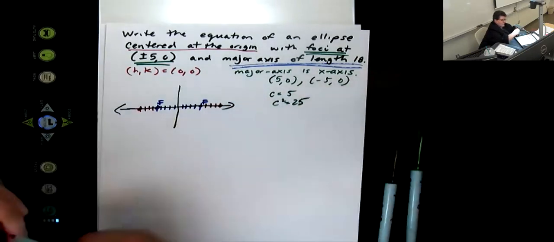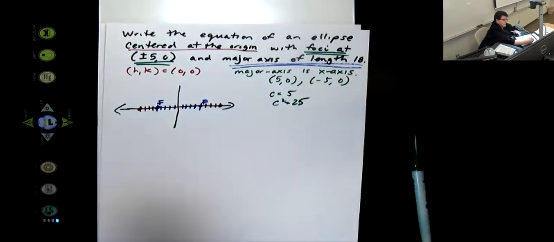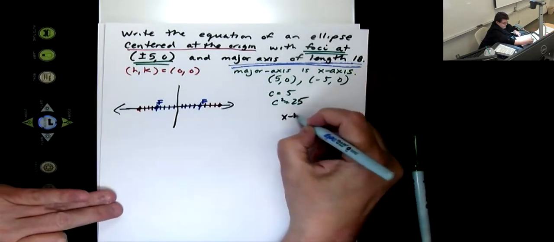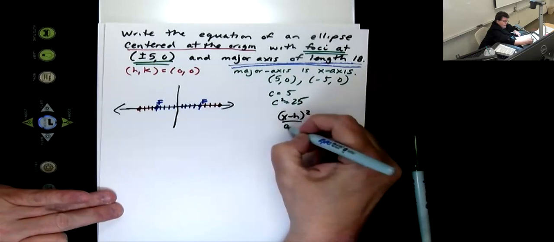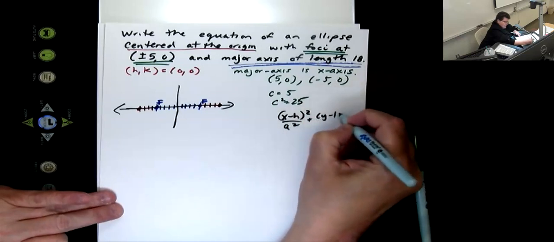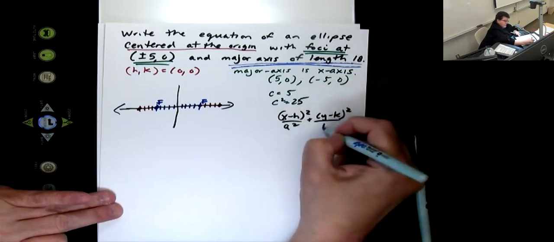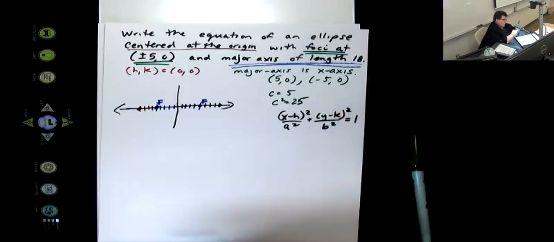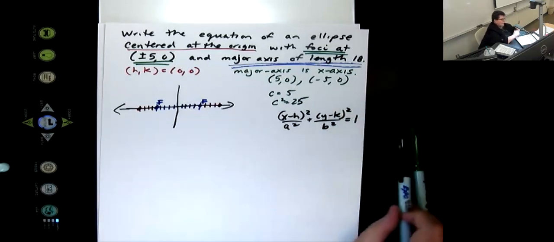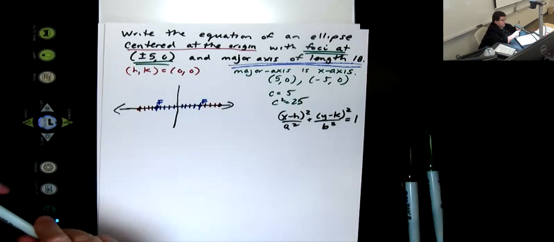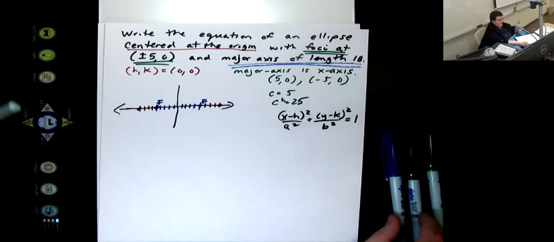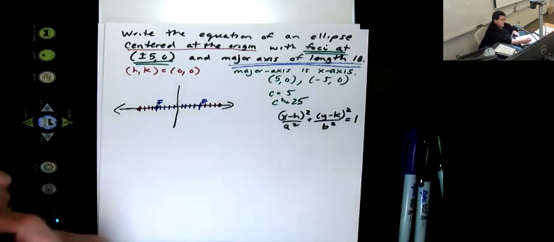Which gives us one more piece of information. This is what we're trying to fill in here. What did we acquire with this piece of information? We got A. A is 9, from the length of the major axis.